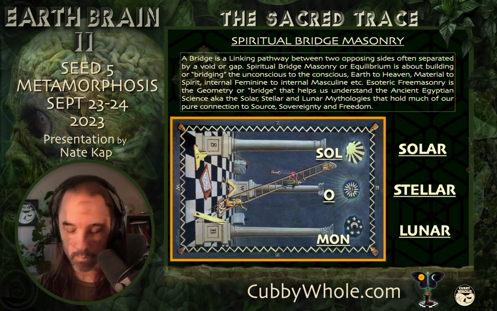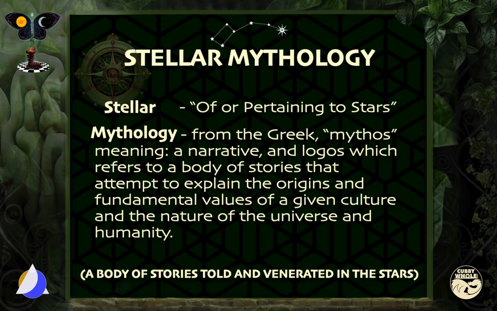Okay. Now, the stellar mythology is really, really important to break it down just so we understand what it's about. Okay, so stellar means of or pertaining to the stars.